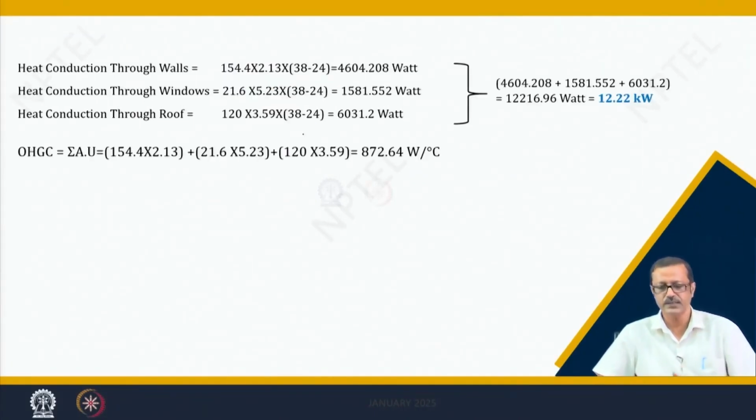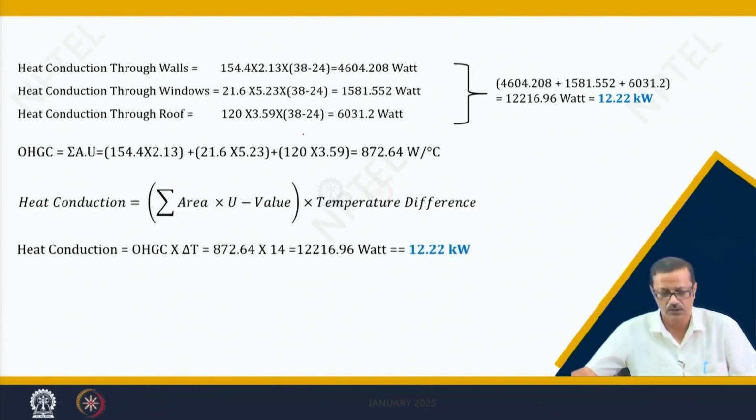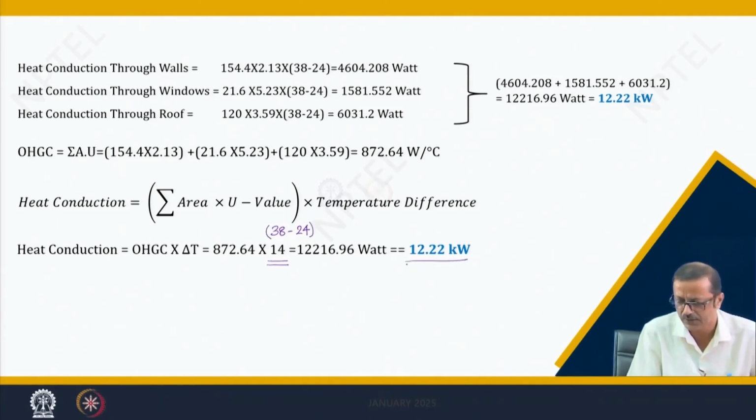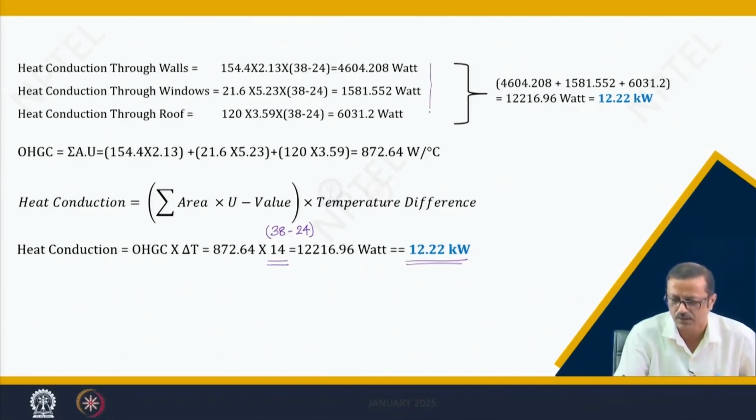In my case the OHGC is 872.64, and the temperature difference, 38 minus 24, is 14 degrees. So, if I directly multiply, I get 12.22 kilowatts, which I got by breaking down all the things and summing them up.